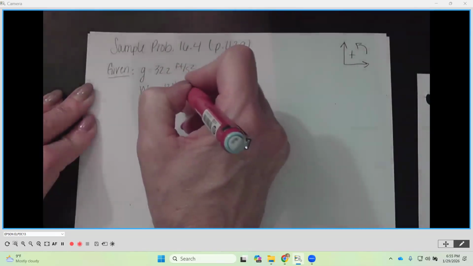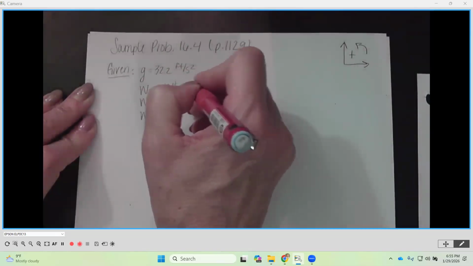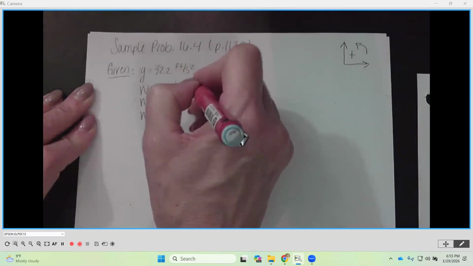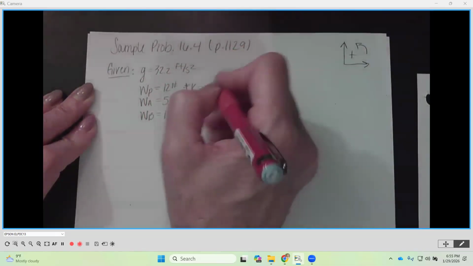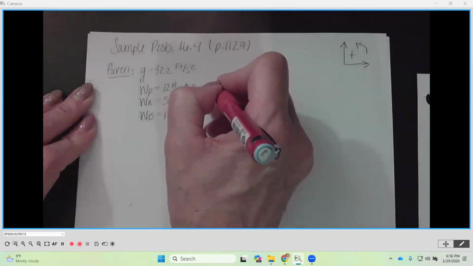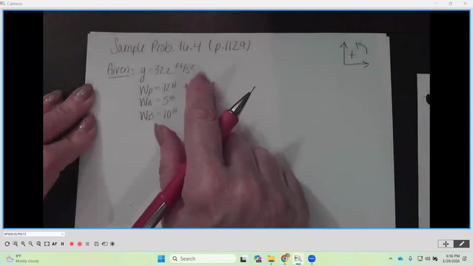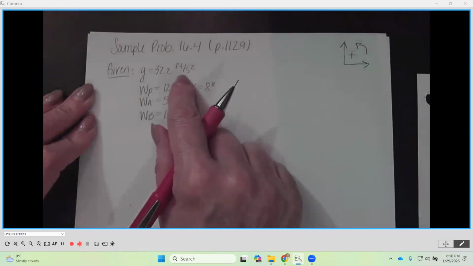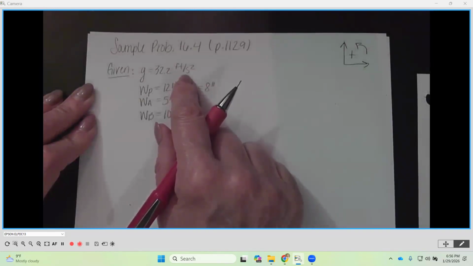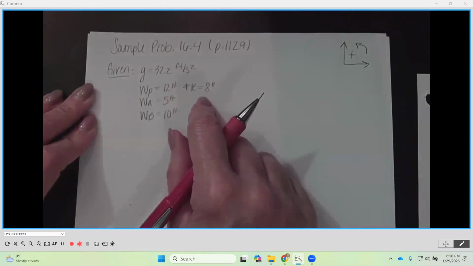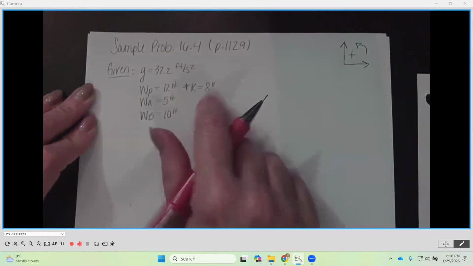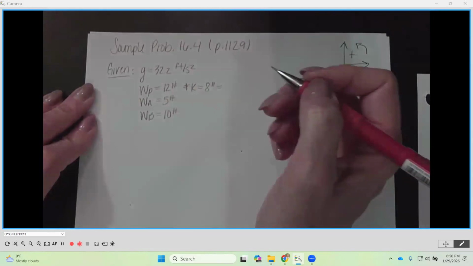And then as far as the pulley, I'm going to write it over here, K, radius of gyration, is equal to 8 inches. Now, because we are in English units, and we have, for instance, our gravity in feet per second squared, we want to make sure that any distances we have are also in feet. So right now, this radius of gyration is 8 inches. We would just divide by 12.